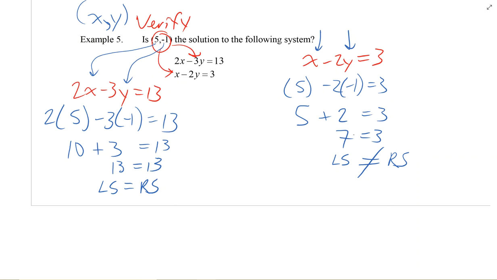So what does that mean? What does it mean? What can we say? We already said that, but what is that? What does it prove or disprove? Exactly. So what we can say now is negative 2, negative 1 is not a solution.